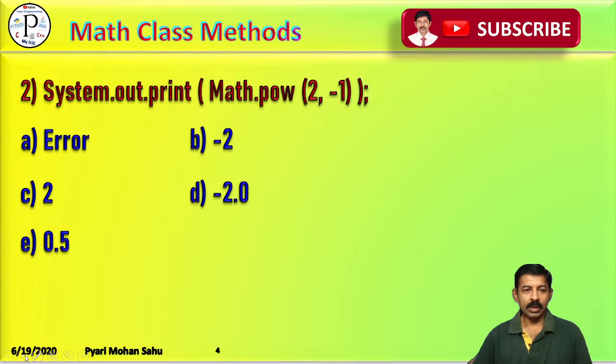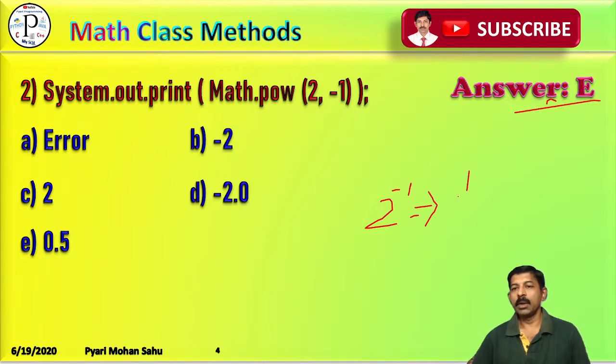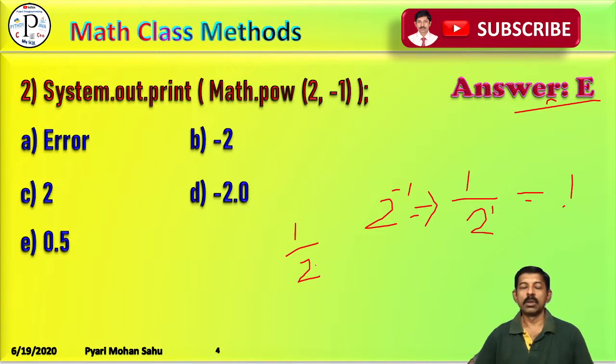So this is the way that we should give the answer. 2 to the power minus 1 implies 1 by 2 to the power 1, that implies 1 by 2, where 1 by 2 is your 0.5. Though it is in the form of double, that's why it is coming 0.5.